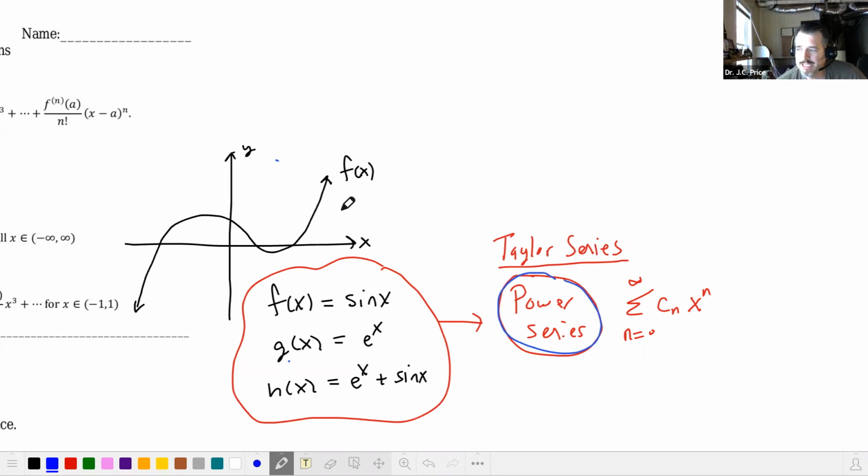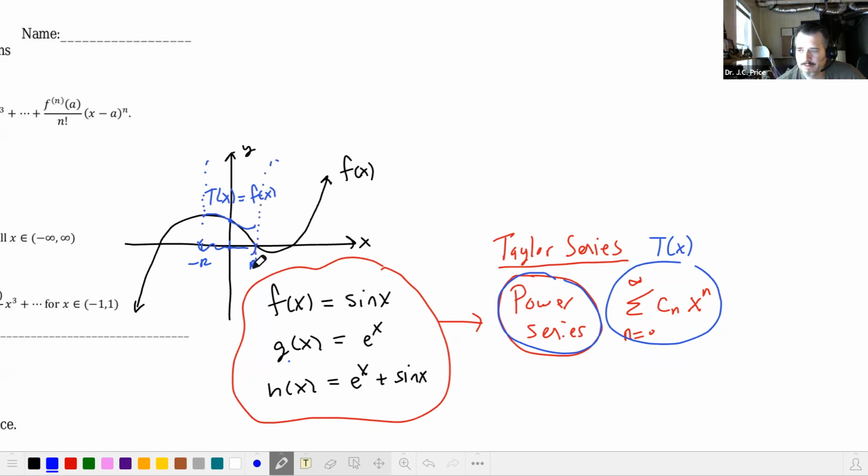And so what that means is if you find that power series like this, and we'll call it T of X, then you can graph T of X. This one's centered at 0. And what it'll look like is, on some sort of interval, going up R and down R, that power series T of X will be the same as the function. On that interval, you may need to include the endpoints, you may not.